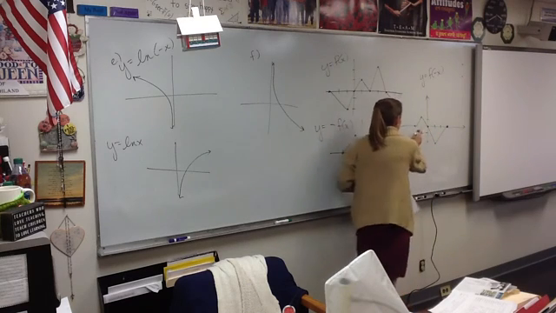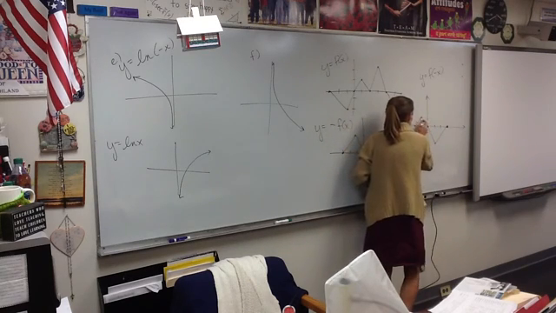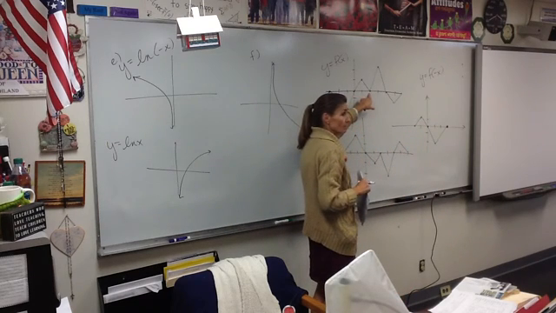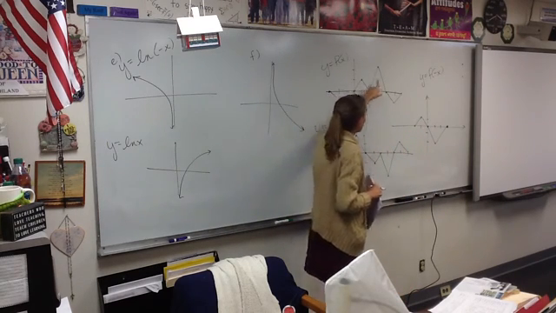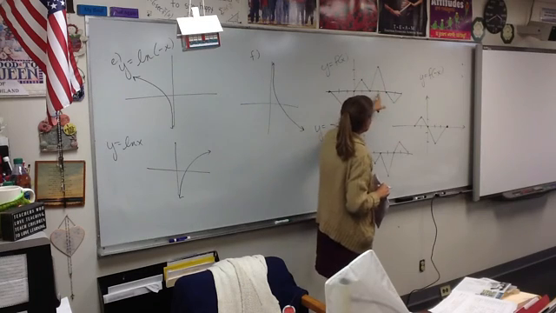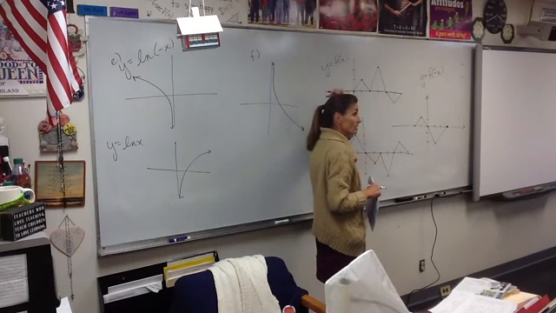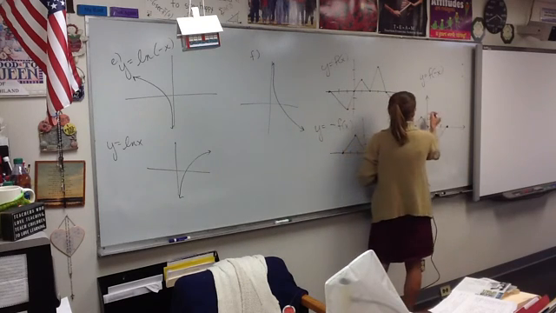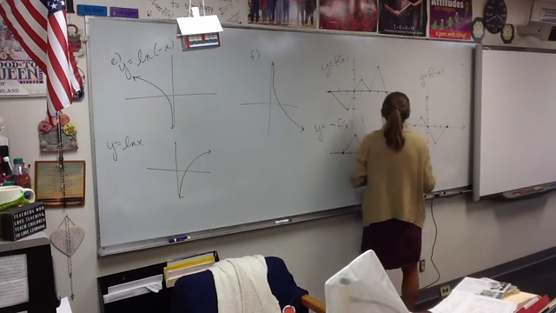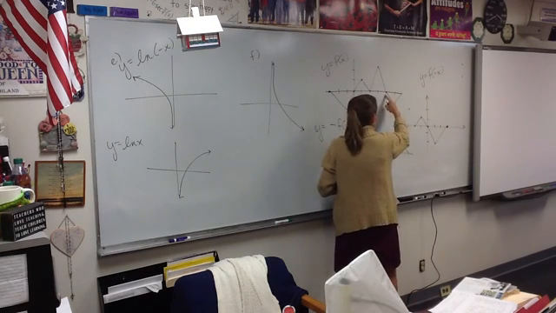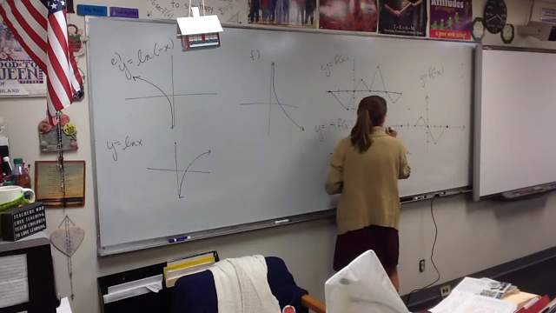And there's that little V. Now, where's this point? He's right 3, up 2. Now he's got to go left 3, up 2. This guy's right 4, so he's going to go left 4.